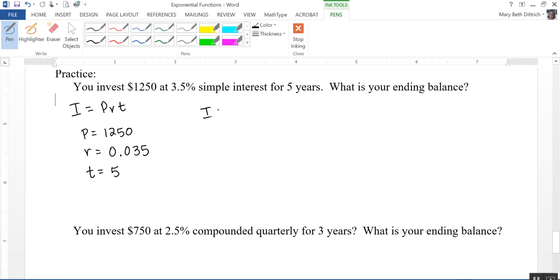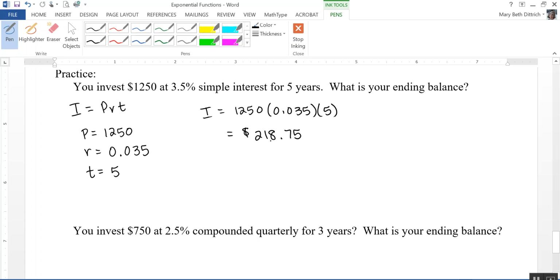So your interest is $1,250 times 0.035 times 5, and plugging that into your calculator, you get $218.75. Now that's just the amount of interest.